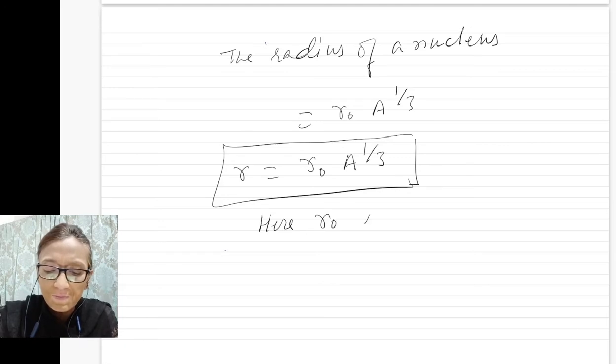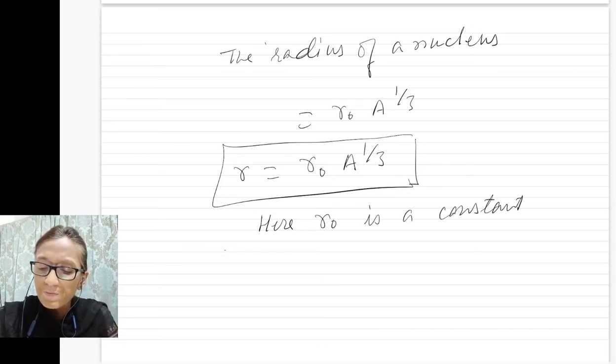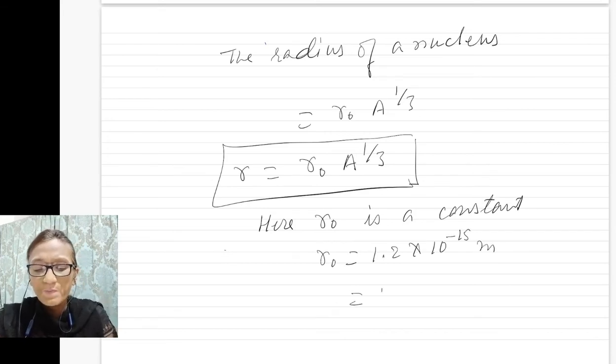Here R0 is a constant and its value is equal to 1.2 into 10 to the power minus 15 meter. In femtometer you can write 1.2 femtometer.